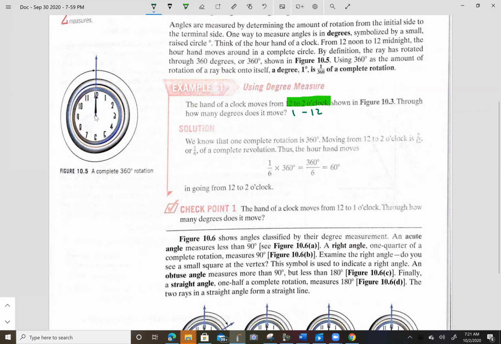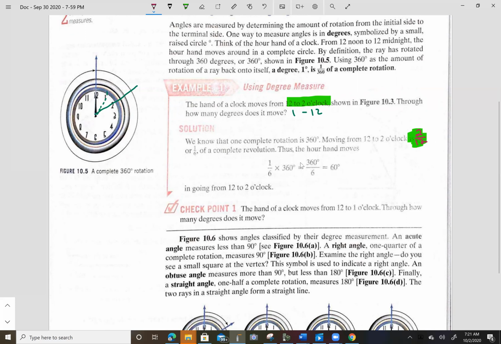And we know moving from 12 to 2 is moving through 2 of those pie pieces. That's where they get this fraction over here. This is 2 over 12. Let me write that better on here. So they're saying we are moving 2 pie pieces out of 12 pie pieces.